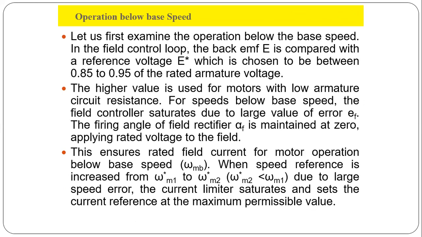So first we will take the operation below base speed. Let us examine the operation below the base speed. In the field control loop, the back EMF E is compared with the reference voltage E, which is chosen to be between 0.85 to 0.95 of the rated armature voltage.